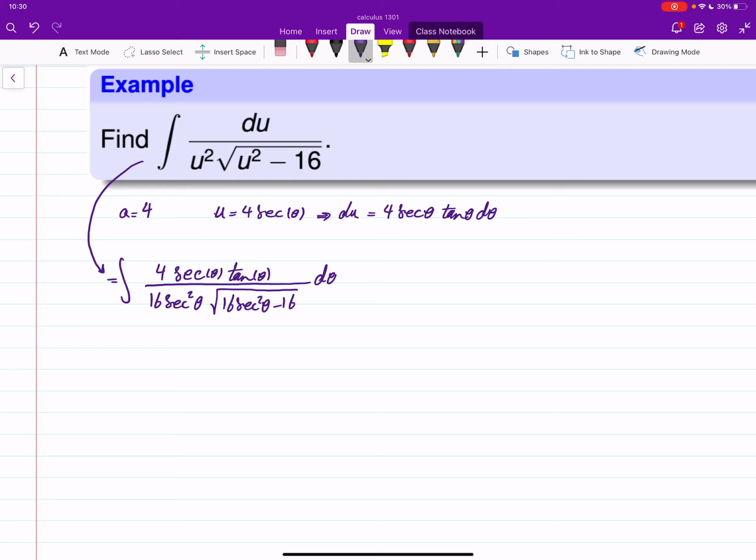Well, right away, even there, we can do some simplifications. This will disappear there. And also under the square root, you have 16 tan squared theta. So we can simplify and write that as tan theta in the numerator, and in the denominator 4 secant theta.